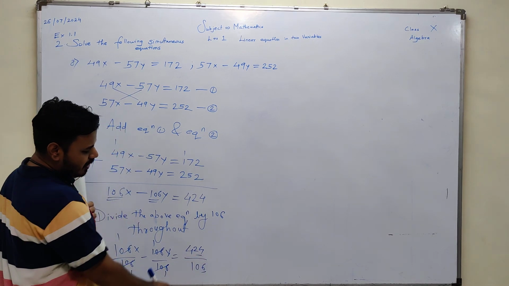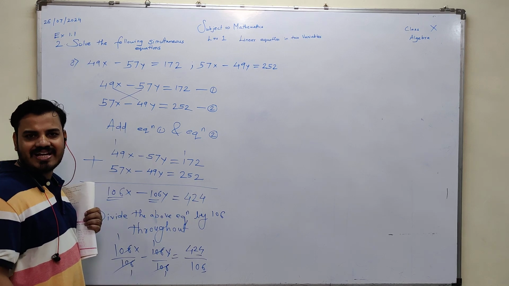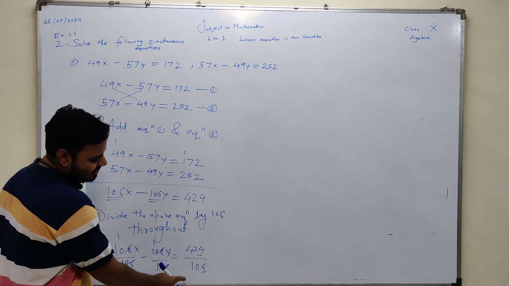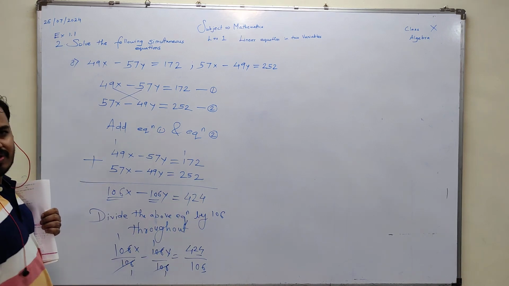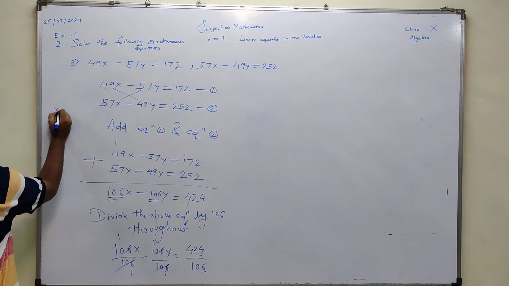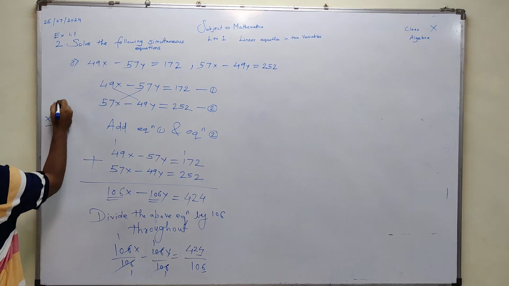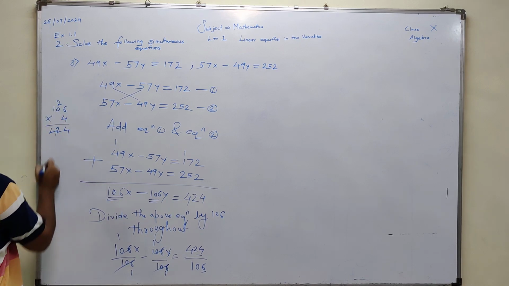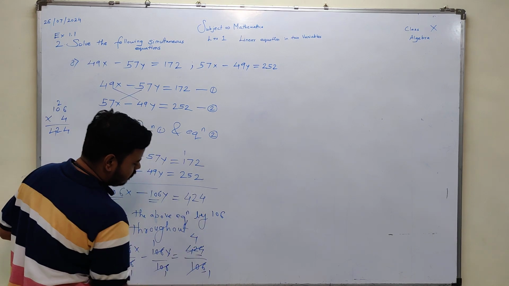So simply what you will do: when does 24 come in the 6 table? 6 fours are 24. So we got the hint. So let us see what 106 fours are. 4 sixes are 24, 2 and 4 ones are 4. So it is 106 ones are 106, and 106 fours are 424.